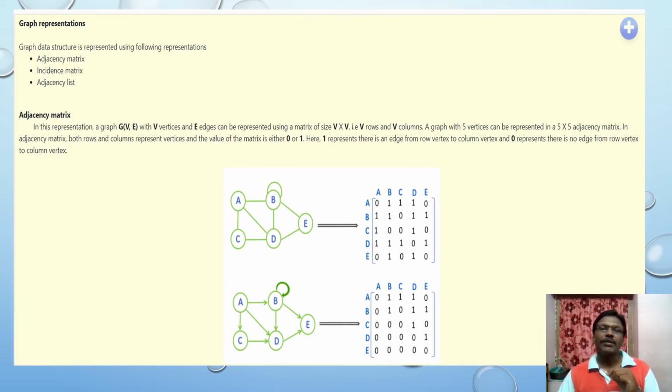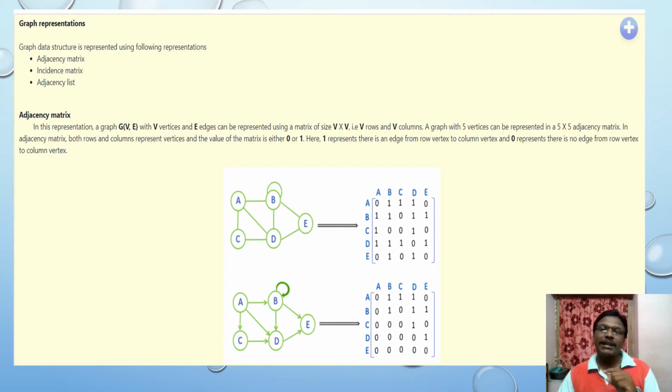For example, if there are 5 vertices in the graph, the matrix is 5 by 5. In an adjacency matrix, both rows and columns represent vertices and the value in the matrix is either 0 or 1.